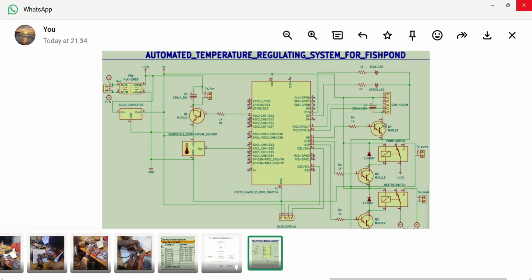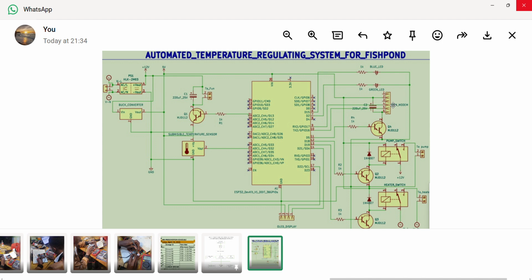Now here, this is still our capacitors, transistor. You know the work of the transistor, the capacitor, the resistors. Now this is our GSM module.